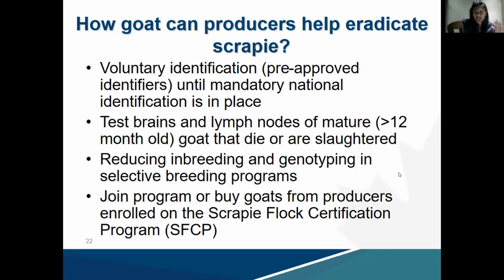One of the challenges we have, I'll just share this as a little bit of a side note, and I'm not sure exactly where the problem lies, so I'm definitely following up on the abattoir side, is that when we get the reporting of the few goats and kids in the grand scheme of things that are slaughtered in Canada, we don't get differentiation of how many were mature versus kids. And so we can't use that data because what we're looking at is the pool of eligible animals to be scrapie tested, and they need to be 12 months or older in non-clinical animals for us to be confident in the test results.